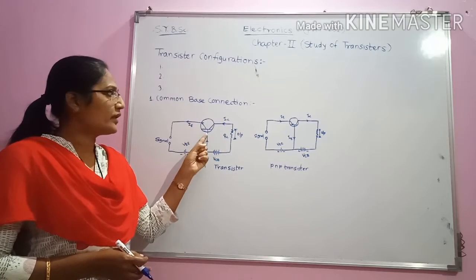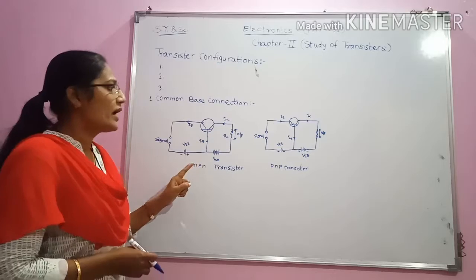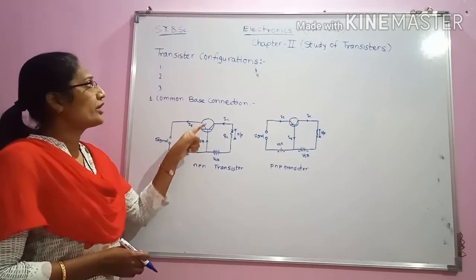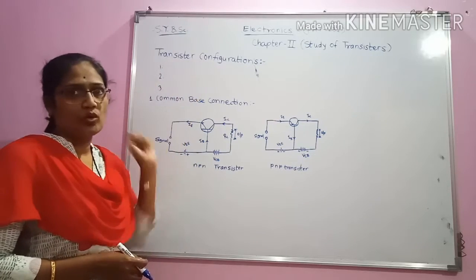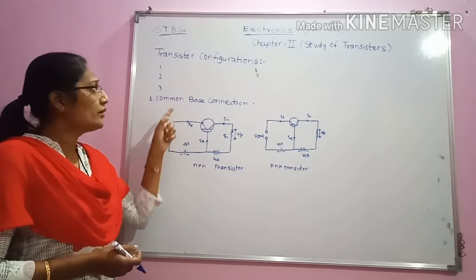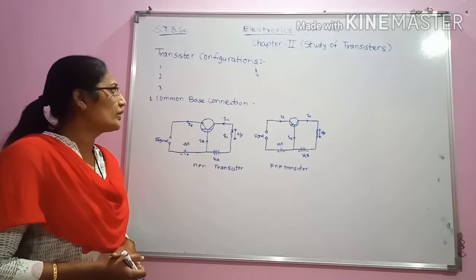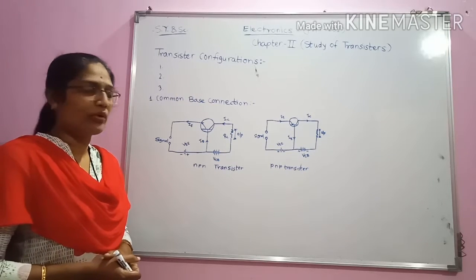either emitter, base or collector as a common connection, and this is called a transistor configuration, based on whether we have made the base common, the emitter common or the collector common.